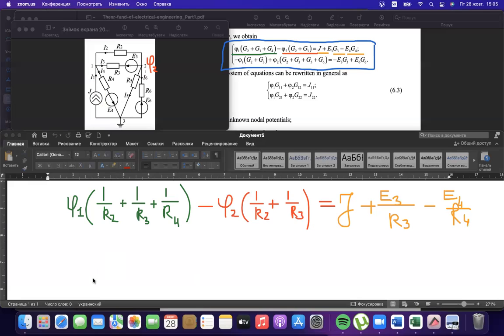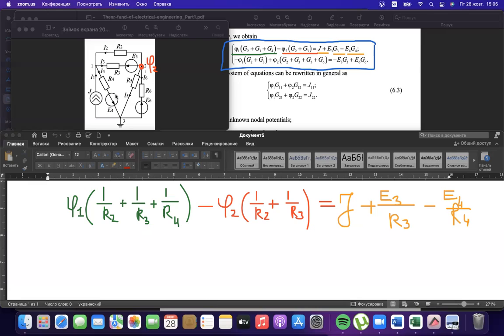Yeah. Please. I have one question. In the second phi2, why just 1 divided by R2 plus 1 divided by R3? R5 and R6 are not included? Yeah, good question.